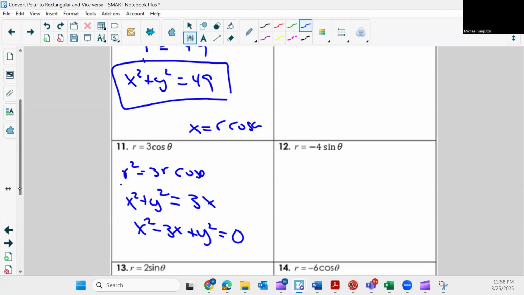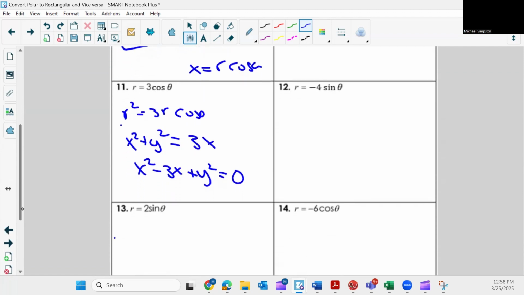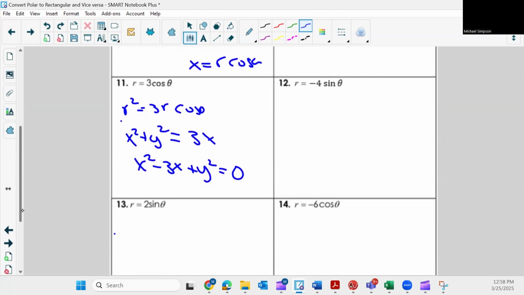This one, we're going to do complete the square. But in this one, the b value is an odd number, so it's kind of weird to do that. So we're not going to do it on this one. Let's do it on this one. Okay, so now I will complete the square. Remember, we divide the b value by 2. x minus 3 over 2.